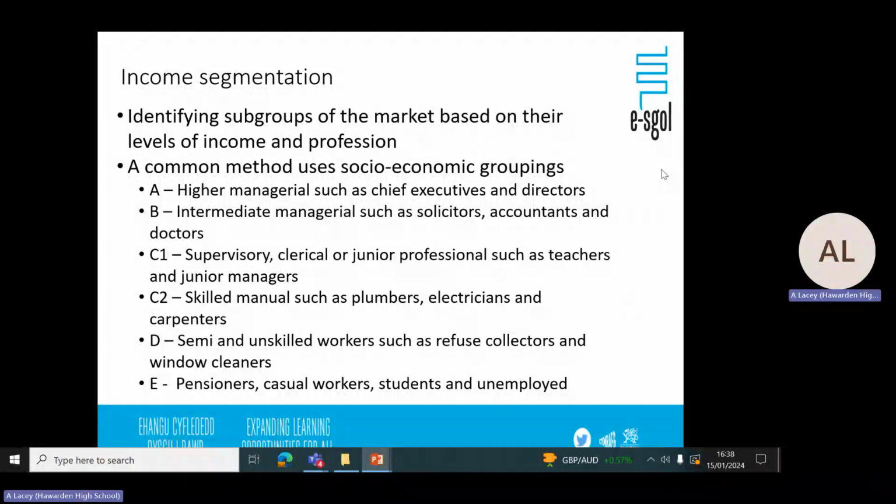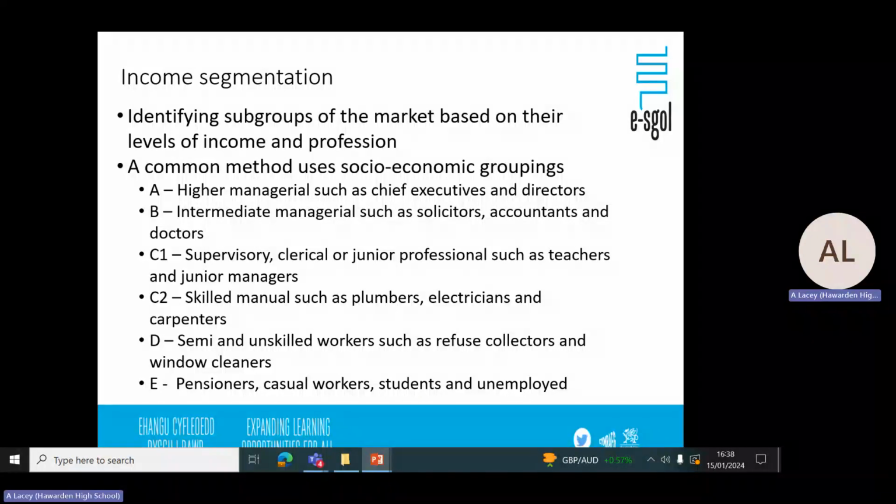You've got income segmentation. So this is identifying your subgroups of market based on levels of income. So you've got common methods of socio-economic groupings, which are what we see in front of us. So, you know, you could be grouped as A, which is your higher managerial, such as chief executives, B, intermediate managerial, such as solicitors, accountants.